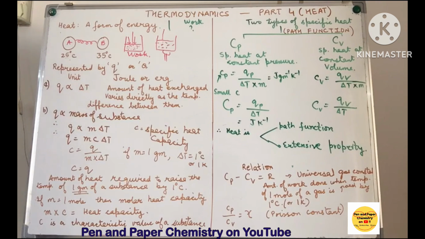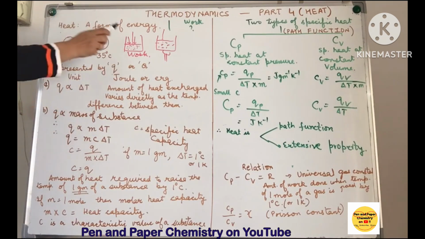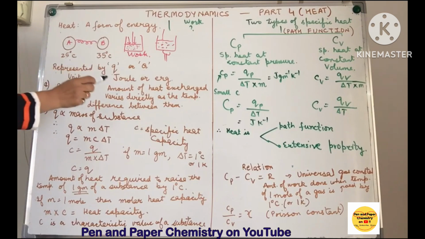So we say heat is a more random form of energy, work is a more organized form of energy. Both are forms of energy but having different effects. We represent heat by either a small q or a capital Q. We know that since it is a form of energy, it will have the unit either joule or erg depending upon what system of units you are using.